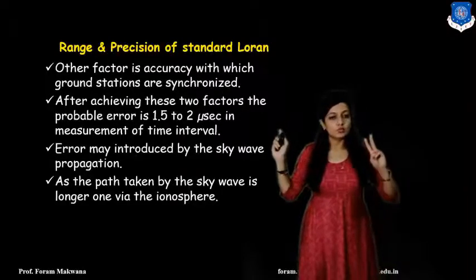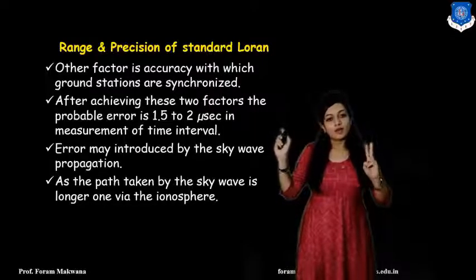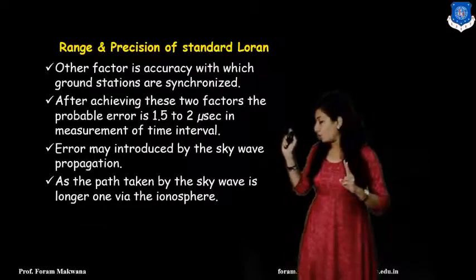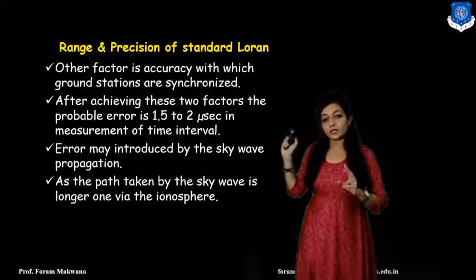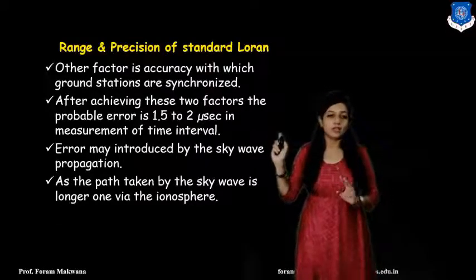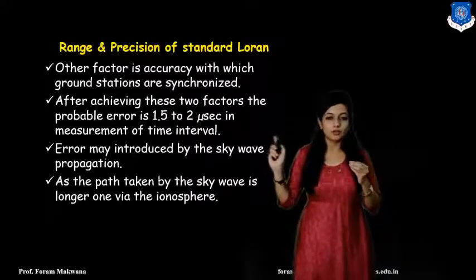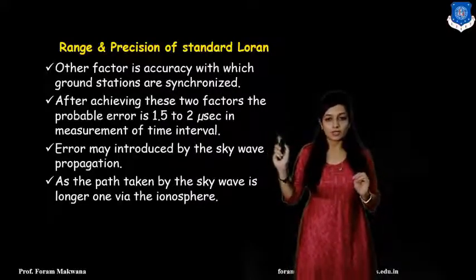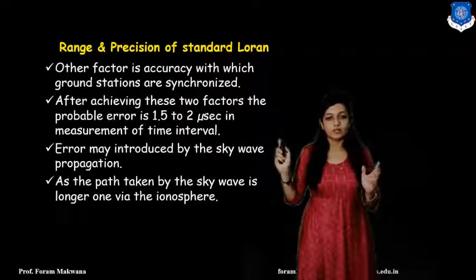After achieving these two factors, the probability of error is around 1.5 to 2 microseconds in the measurement of time interval. Okay, it can have this delay of 2 microseconds for the arrival of the signal.